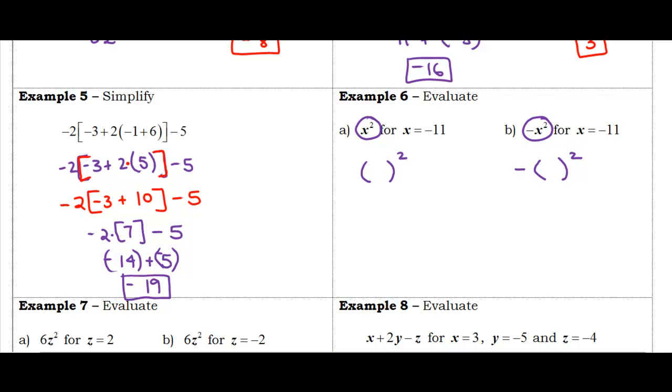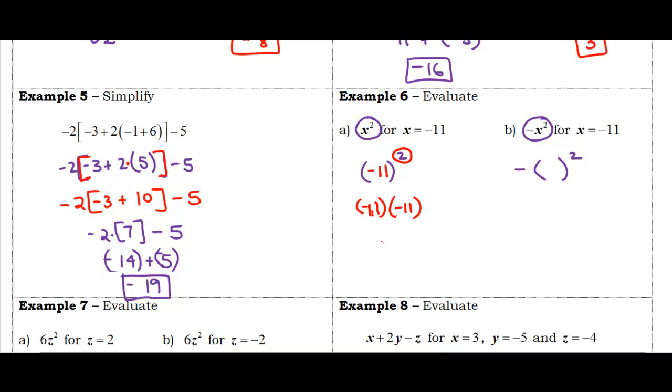So what I did in example 6 is, whenever I saw a variable, I made a set of parentheses to hold the number that the variable represents. I highly suggest you do that. Okay? Who goes inside the parentheses in A? Negative 11. And what does squared mean? I write negative 11 what? Twice.